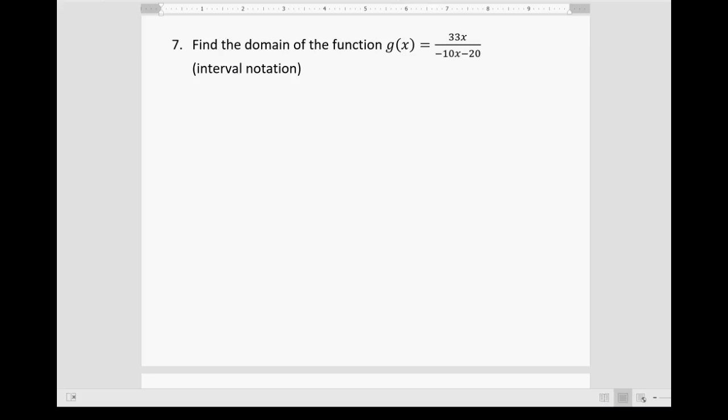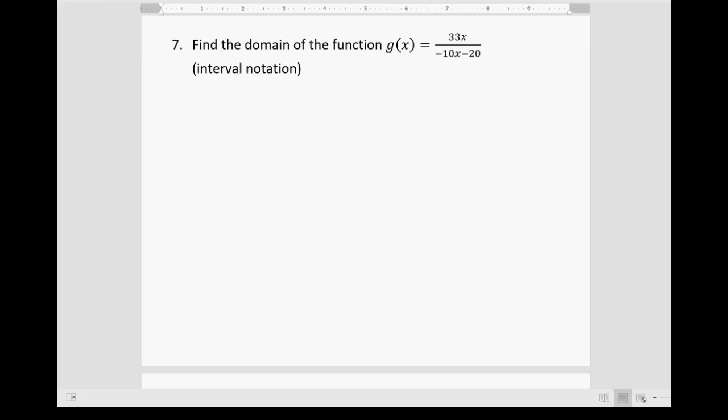So the two red flags are, if you have a denominator with a variable, we want to exclude any values that could make that denominator equal 0. And the other red flag is if you have even roots, in this case probably a square root. We don't want what's under that square root to be less than 0, to be negative.